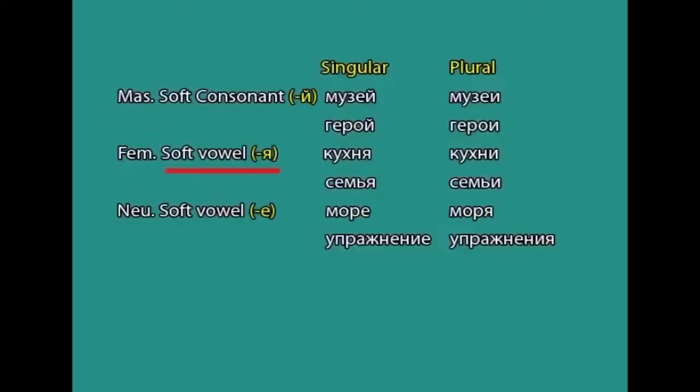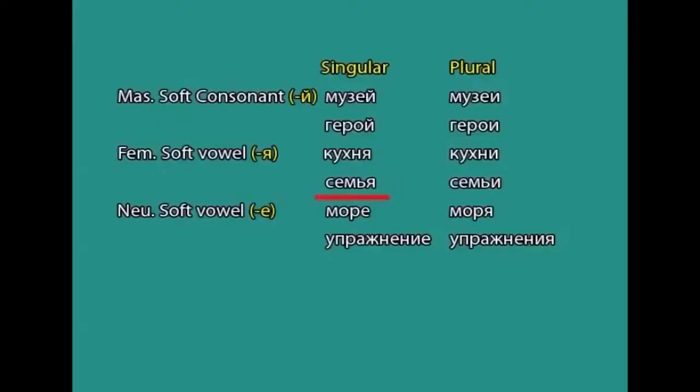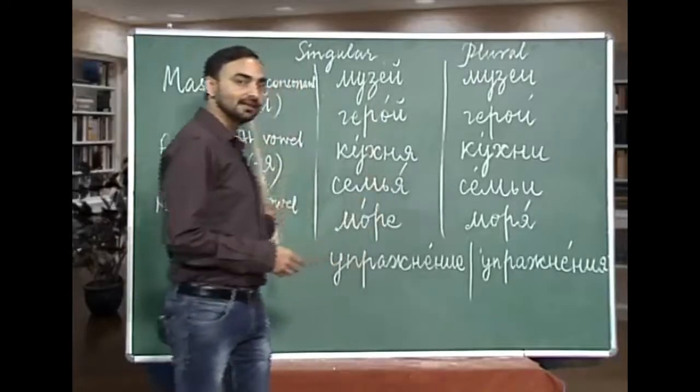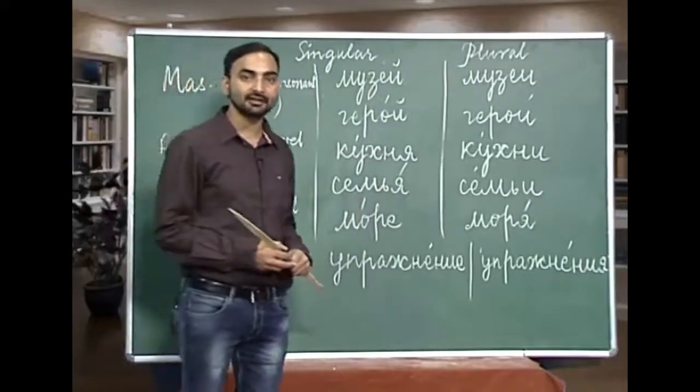Now, feminine nouns with soft vowel ya. Kuchnia, k-u-ch-n-ya, kuchnia. Kuchnia is kitchen. Sem'ya, s-e-m, soft sign and ya. Sem'ya is family. So, the nouns with soft vowel ya are feminine gender nouns.